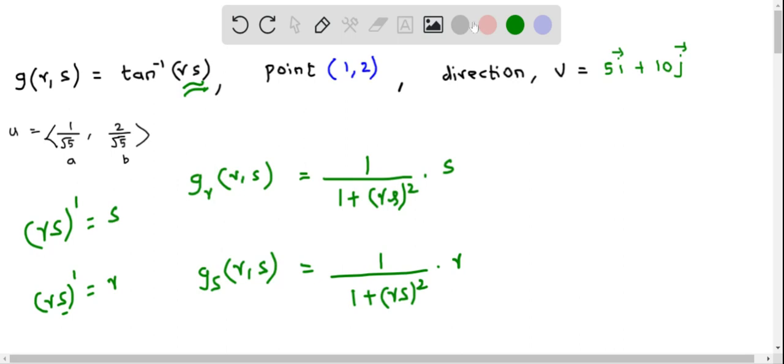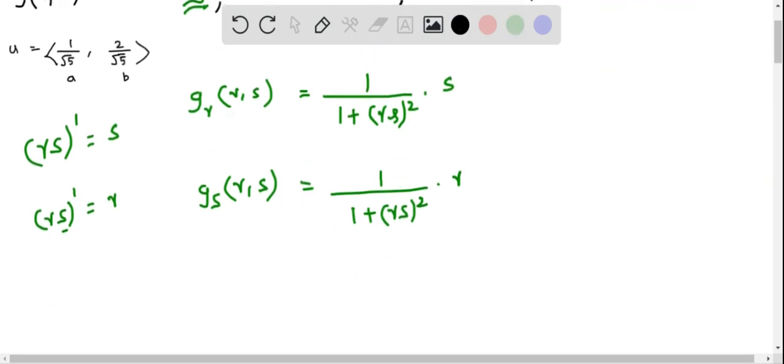So now we can write the formula for the directional derivative of the function g of r comma s.